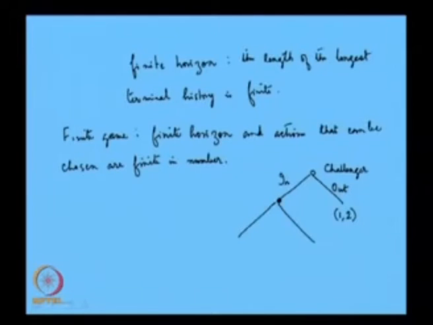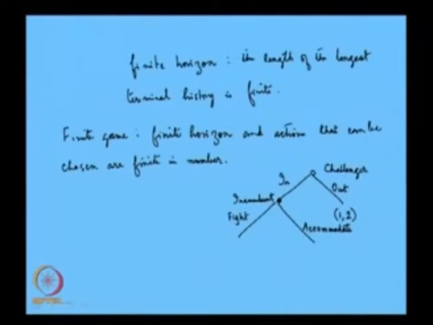If the challenger chooses in, then the game progresses further. Now it is the incumbent's turn to make a move, and he has two options. One is to fight with the challenger, and the other is not to fight, to accommodate.